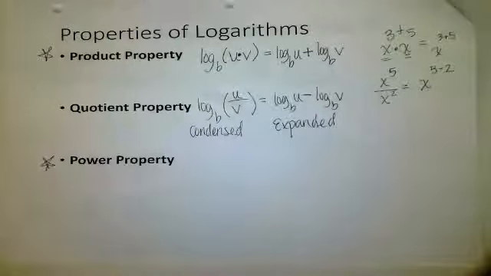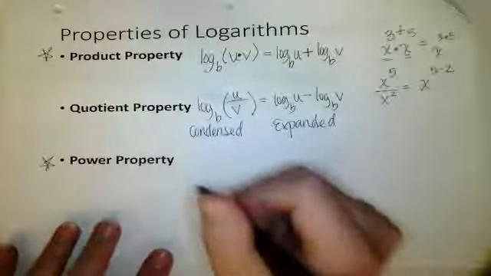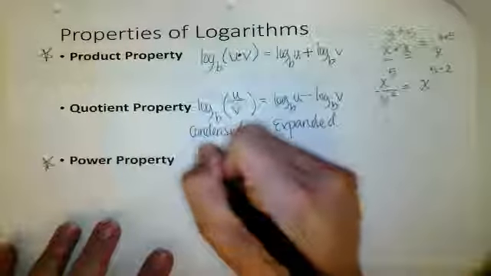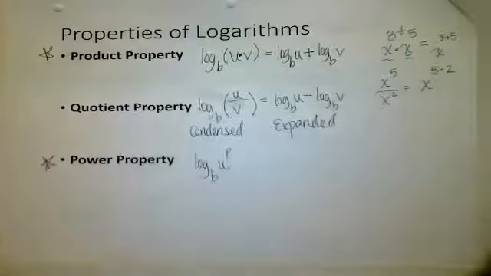All right, and the last property is the power property. I lovingly call this the power play. Log base b of u to a power p.